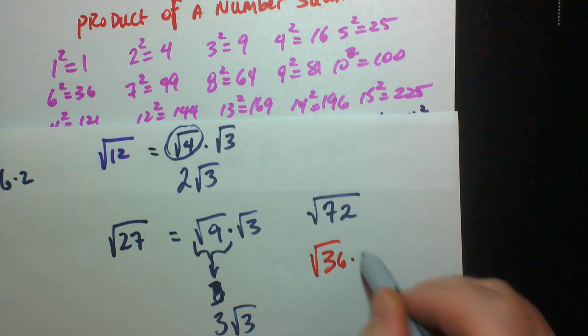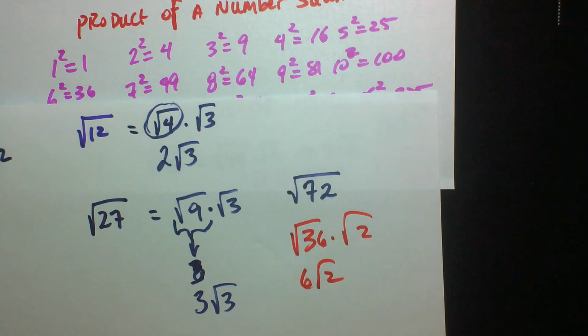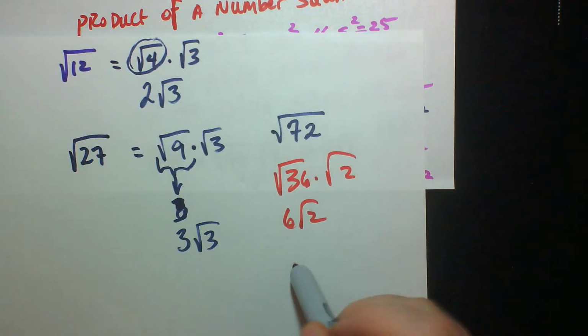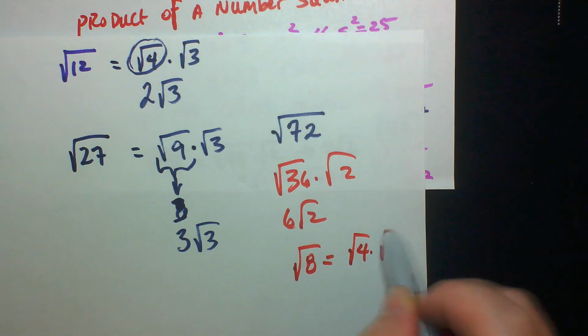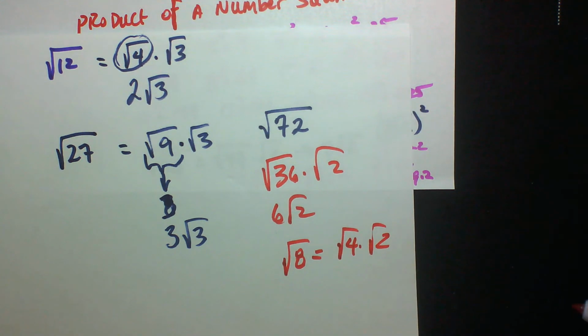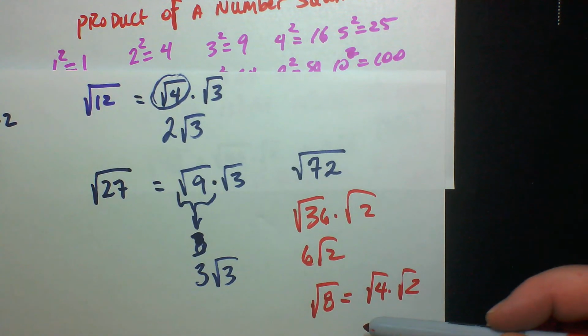How many times? So 6 root 2. Nope. Nope. Nope. 8's not done. Look at 8. 8 has a 4 in it, so 8 is not simplified. You see? So with 72, you did 4, right?